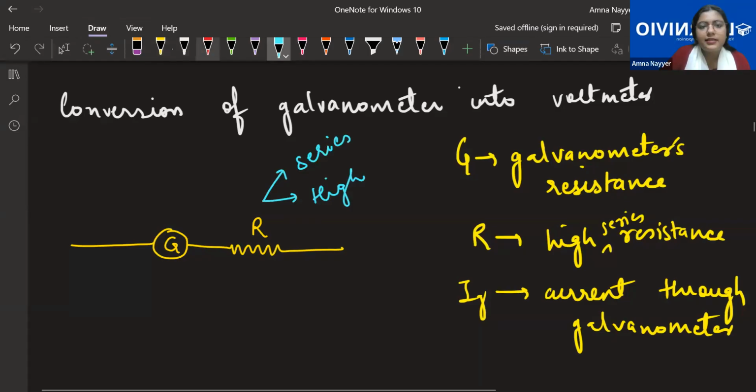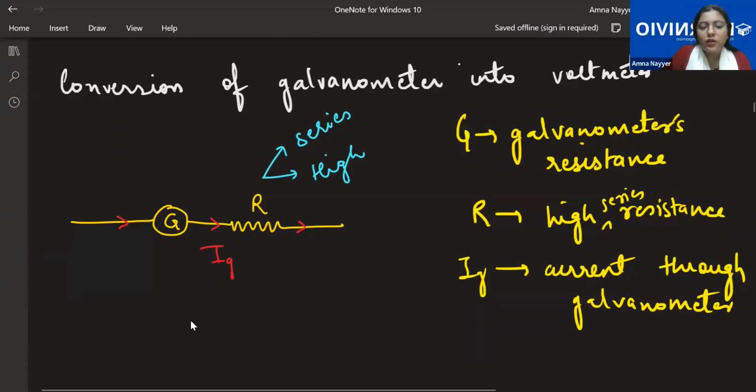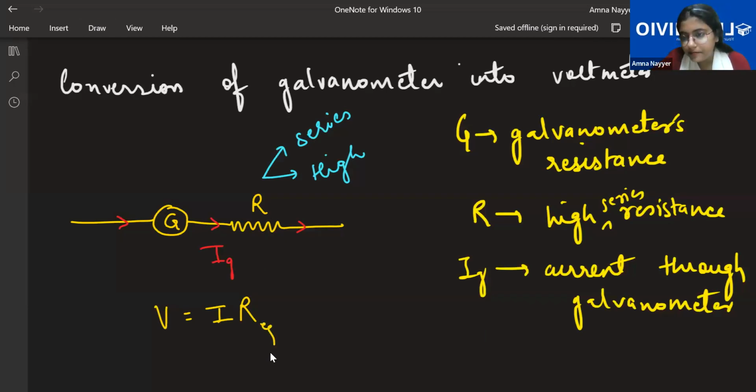And again, let's say the amount of current that is flowing through this is Ig. Now let's apply the Ohm's law. According to Ohm's law, we know that V is equal to IR. Now this is not a single resistance. Here we have R equivalent. Jasleen, can you tell me what will be the R equivalent in this?